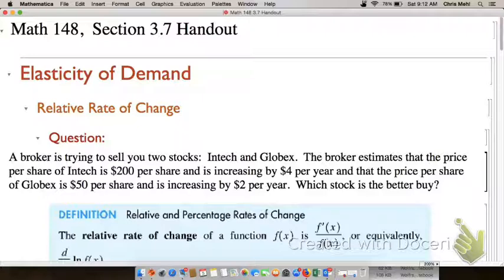So what that means is if you buy one share of Intech, that's $200 per share, and we know that it's increasing by $4 per year. So if you buy that share for $200, after 1 year the value of that share would increase to $204.